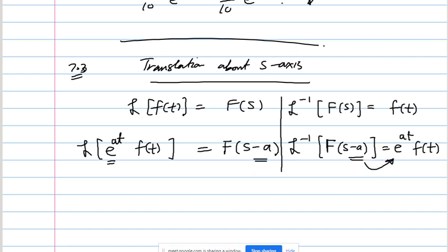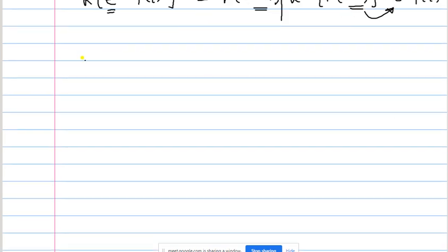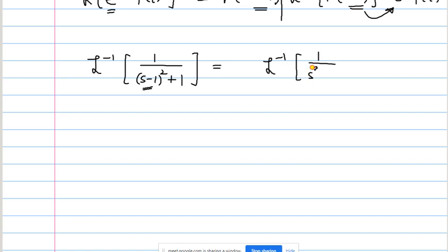So let's say if they give you Laplace inverse of 1 over (s minus 1) square plus 1, right? This means that if you change this to Laplace inverse of 1 over s square plus 1, so what you did, you removed this translation. If you remove this translation, it gives you e to the power at.